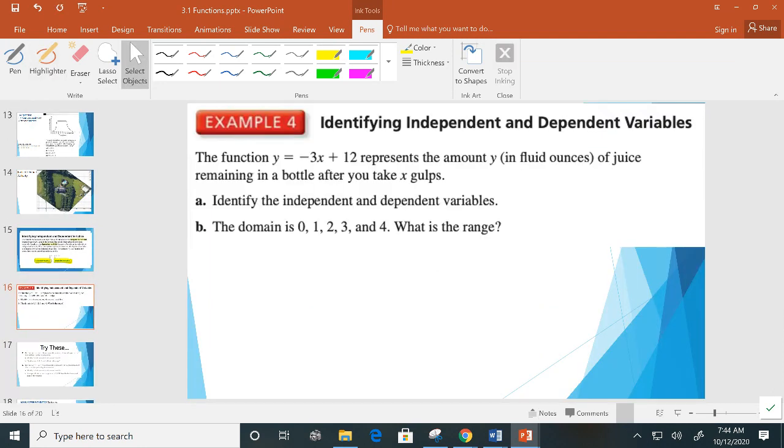So let's take a look at an example here. It says the function y equals -3x plus 12 represents the amount y in fluid ounces of juice remaining in a bottle after you take x gulps. It's asking you to identify the independent and the dependent variables. Let's do the independent first. Your independent variable is your x, which in this case would be the number of gulps.